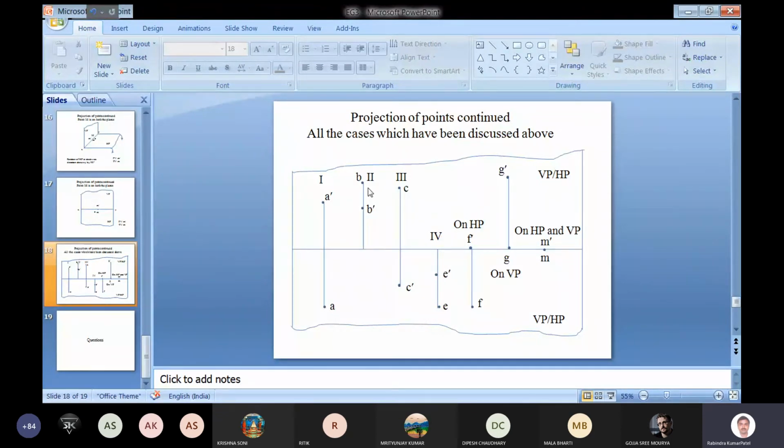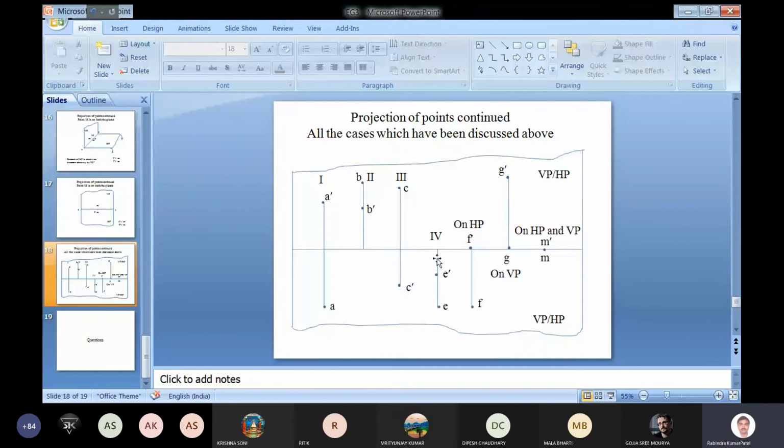In the third quadrant, the top view is above the reference line and the front view is below the reference line. In the fourth quadrant, the projections are both below the reference line.